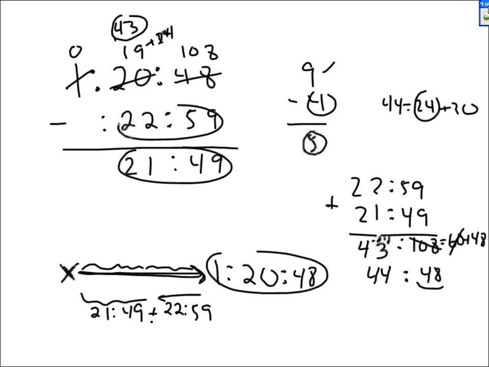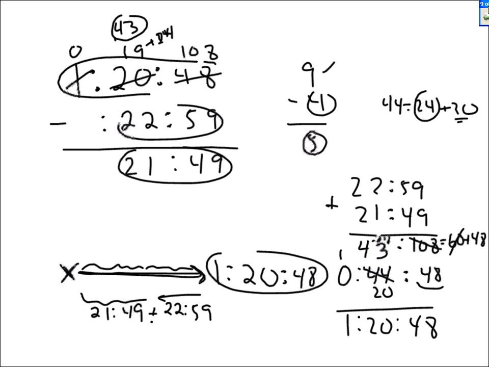And 24 hours is a day. Right now I have 0 days. I can take away the 24 hours, so now there's 20 hours left over, and I make the 24 hours a day. And I get 1 day, 20 hours, 48 minutes. Hopefully that's exactly what's on top.